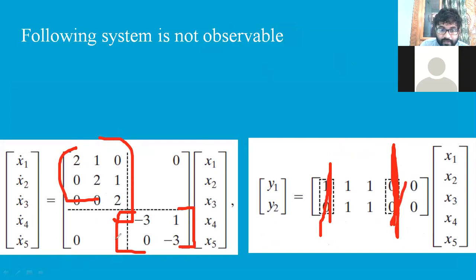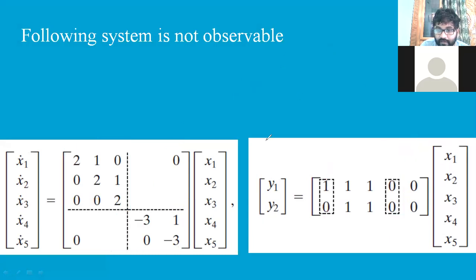This is the second Jordan block. Corresponding to this Jordan block, in the output matrix, the first column is this.